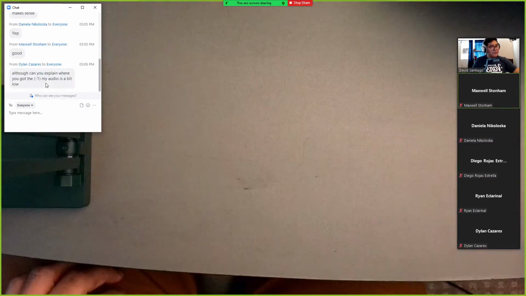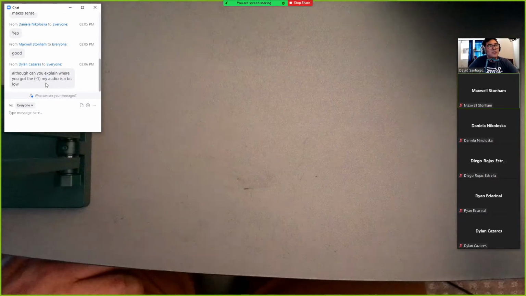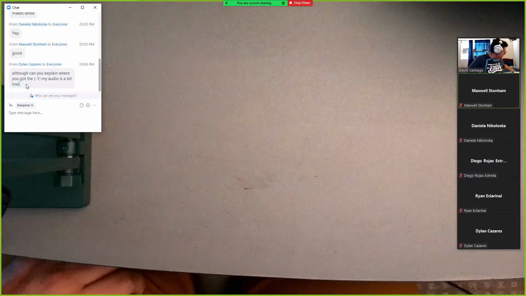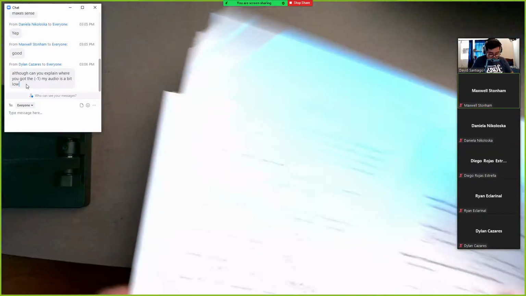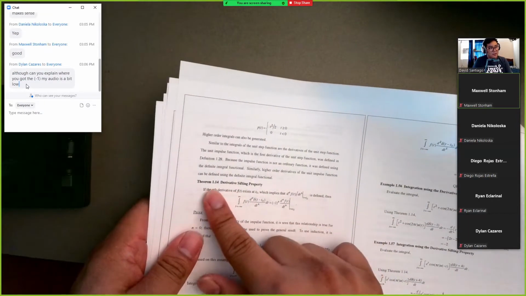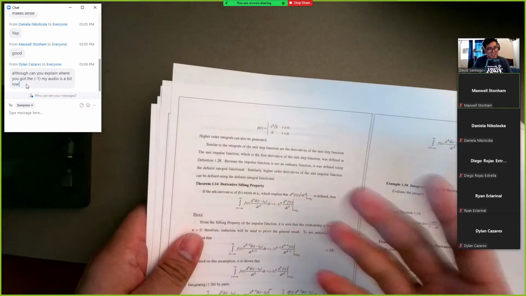Okay, Aldo, can you explain where you got the -1? It's from the sifting property. It's that weird derivative sifting property. So if you were to go to theorem 1.14, this is a theorem.